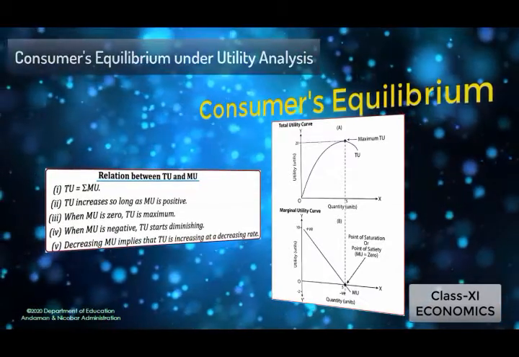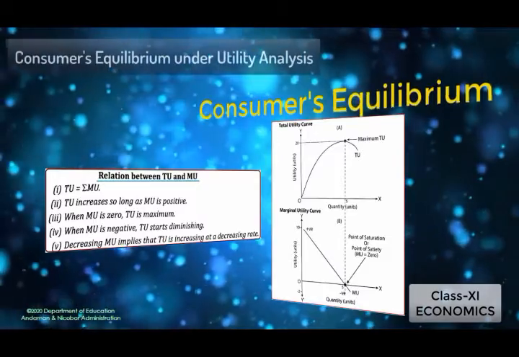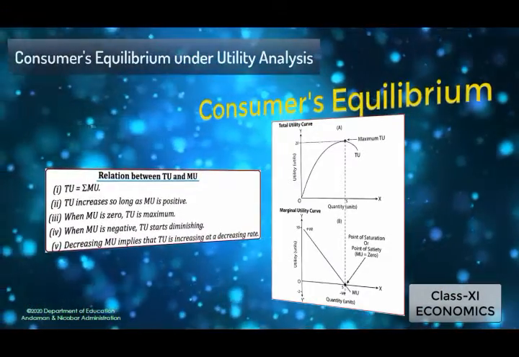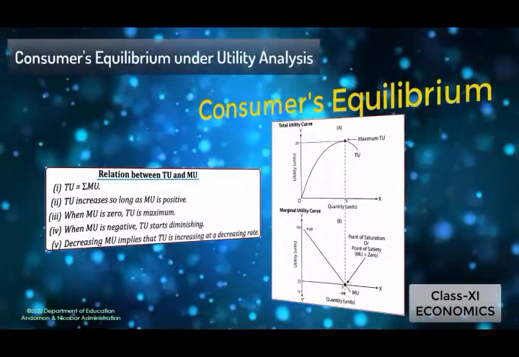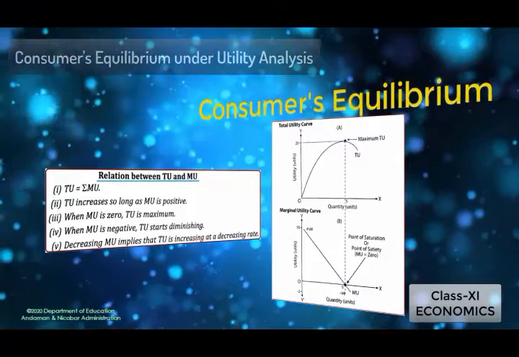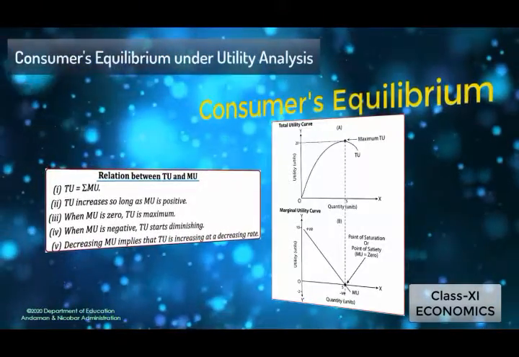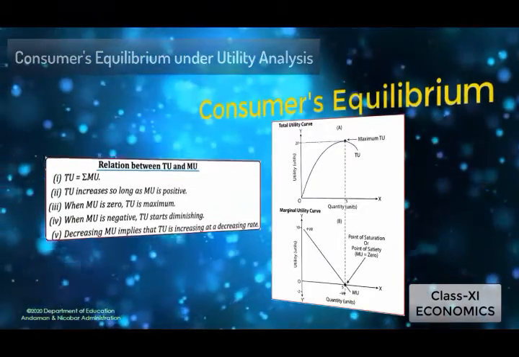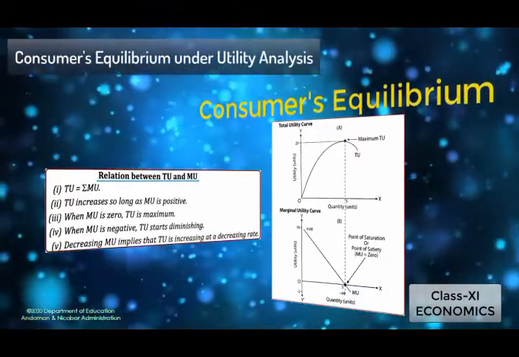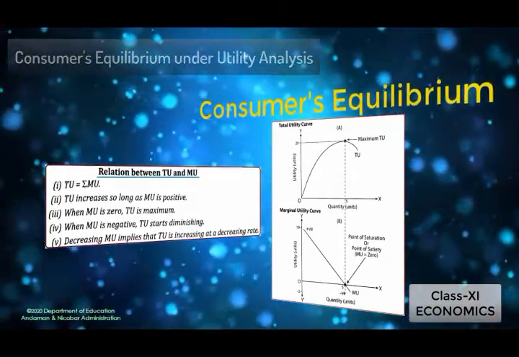Look at this chart, where in short we have given the relation between TU and MU. TU is equal to the sum of MU, and TU increases as long as MU is positive. When MU is 0, TU is maximum, and when MU is negative, TU starts diminishing. And at last, decreasing MU implies that TU is increasing at a decreasing rate.